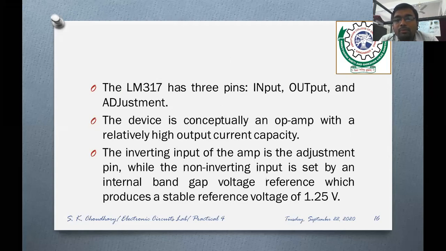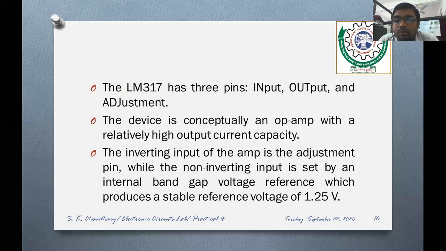Now we are going to see the description of the LM317. So LM317 has 3 pins: input, output and adjustment pin. If you look at the structure of the LM317, conceptually it is nothing but an op-amp with high output current capacity.